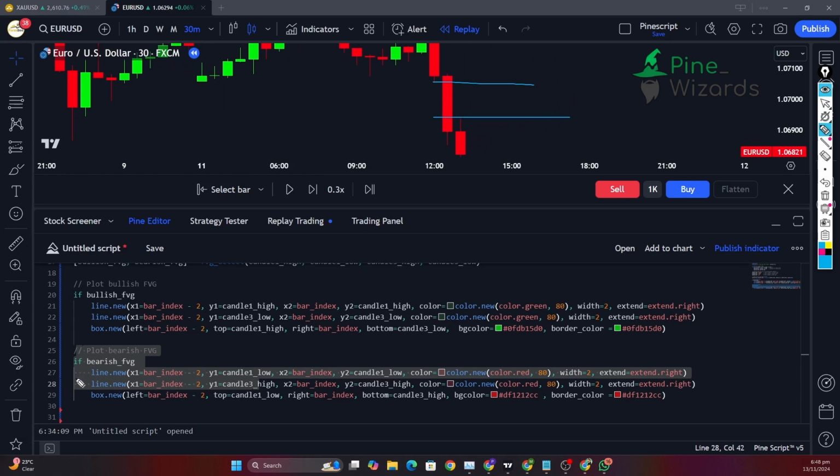So in a bearish fair value gap, this line is represented by the candle 1 low, that is this line here, and then this line is representing the candle 3 high, that is this line here. So this area here is the fair value gap, the bearish fair value gap. Now let's go ahead and plot this indicator onto the chart and see what happens.